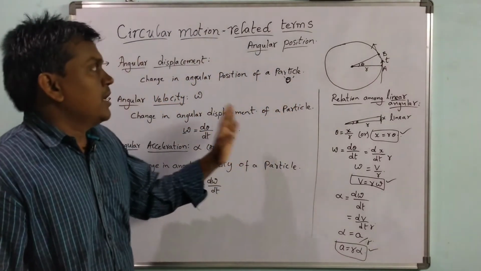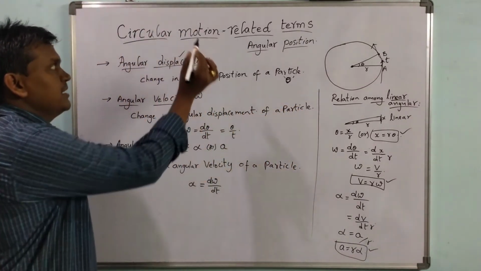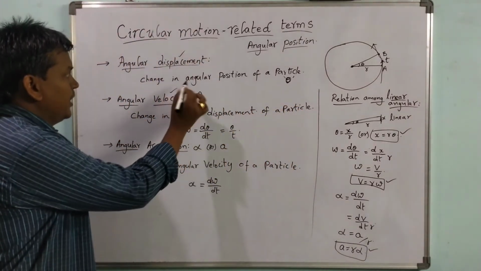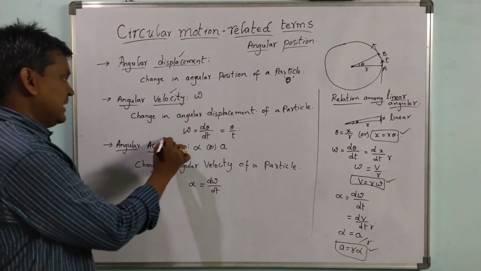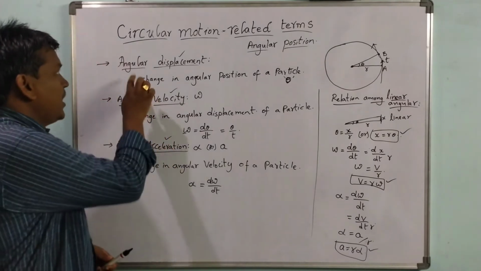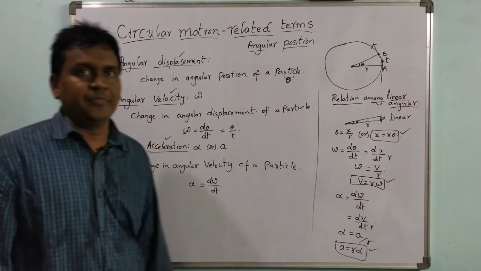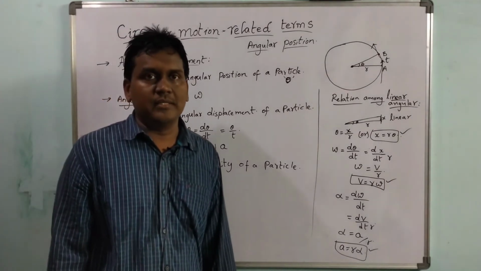Now we know that displacement is a vector quantity, velocity is a vector quantity, acceleration is also a vector quantity. But what about angular displacement, angular velocity and angular acceleration? They are also vector quantities.